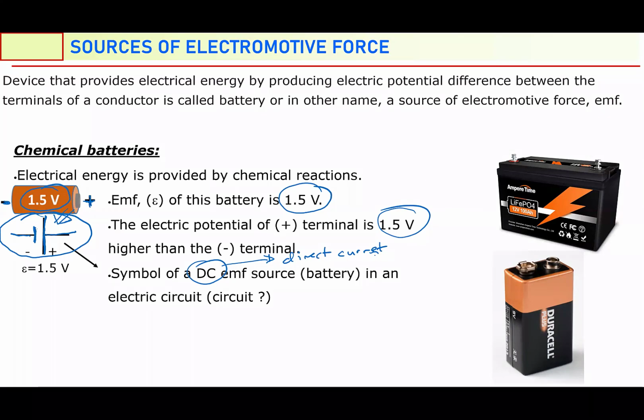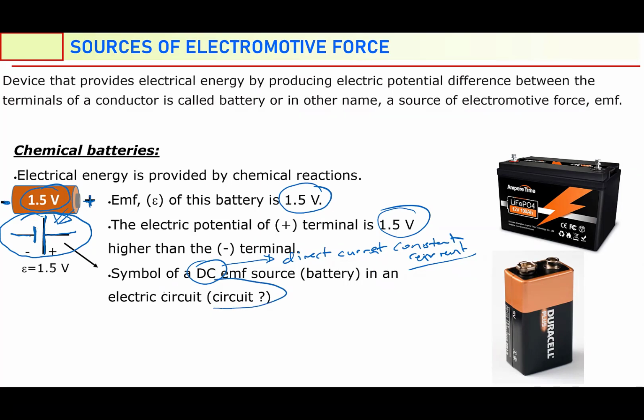It has a constant value. Direct current means constant current. It does not increase. It does not decrease by time. This current is called direct current. So every battery provides your device a direct current, yani they are DC EMF sources.